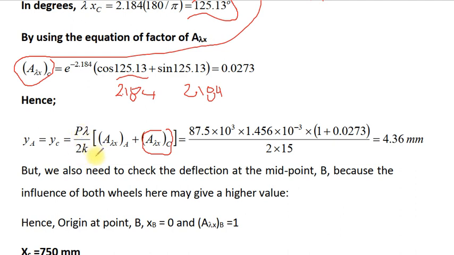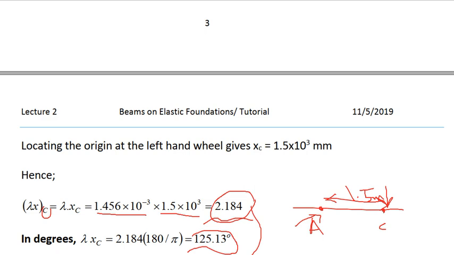We will get the deflection at A due to the force at C, plus P lambda over 2k multiplied by A lambda x at A, which in this case is x equal to 0, so A lambda x will be equal to 1.